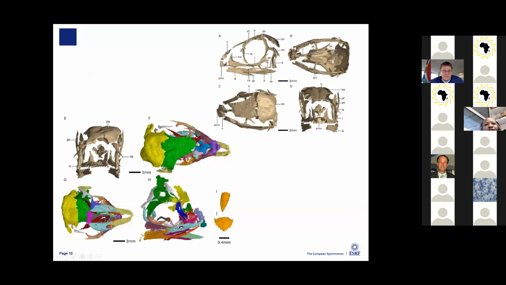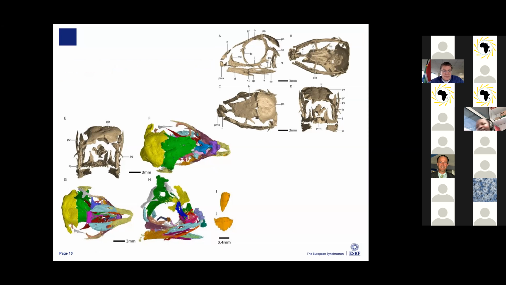So a group of researchers from Wits University, the Evolutionary Studies Institute, did research on this, led by, I think, Kimberly Chapelle, and they observed replacement generation teeth which get resorbed or shed before hatching.